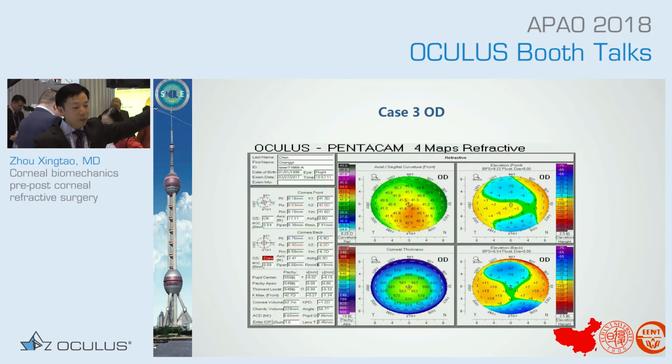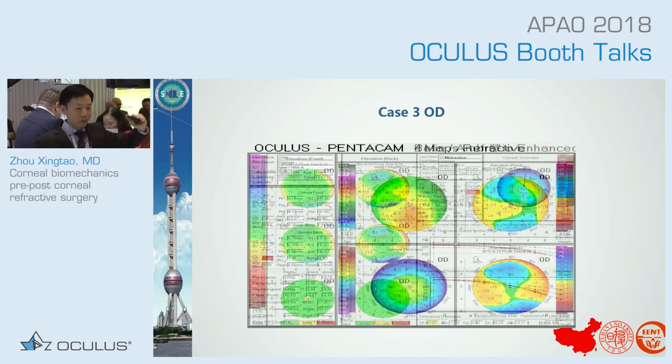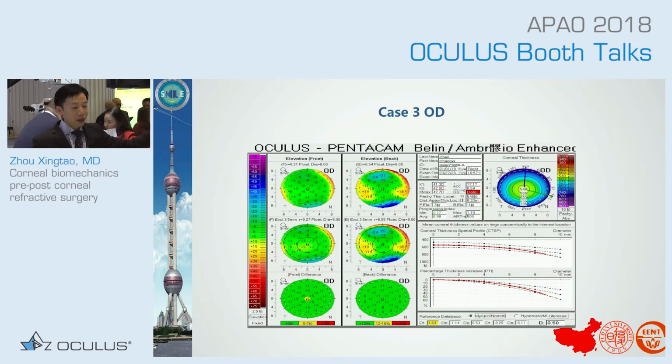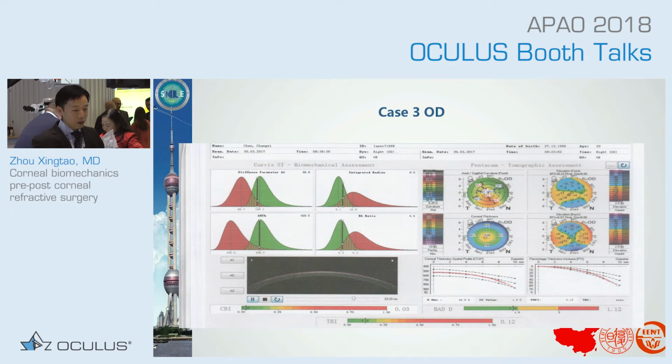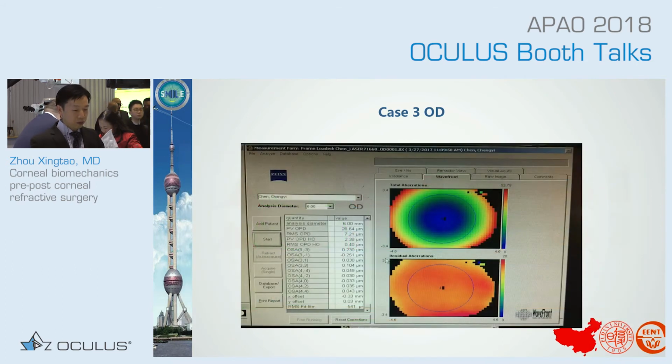For these patients, the posterior elevation is normal, and the shape also is normal. The BAD display is almost normal, except for a little zone with yellow. This right eye was normal, TBI 0.12.